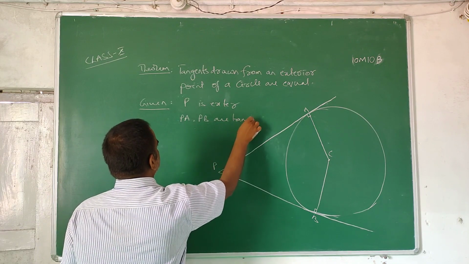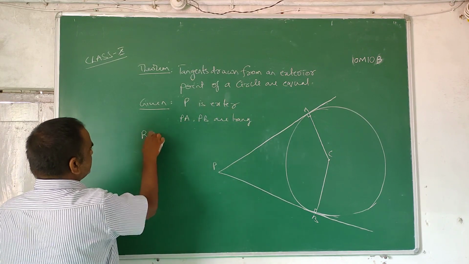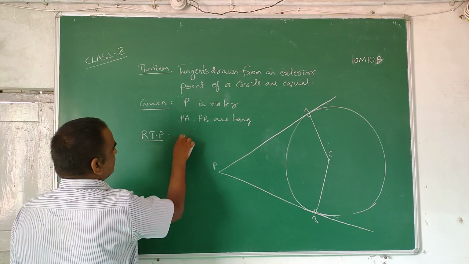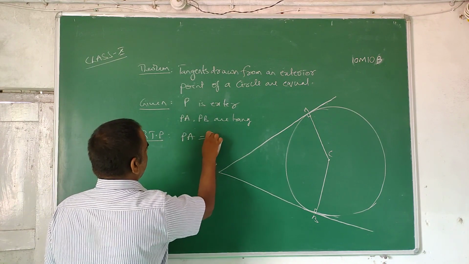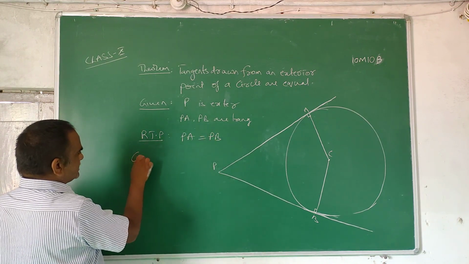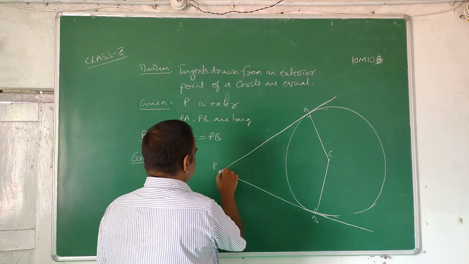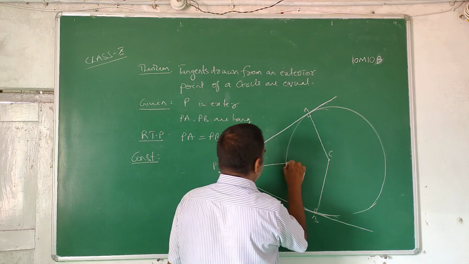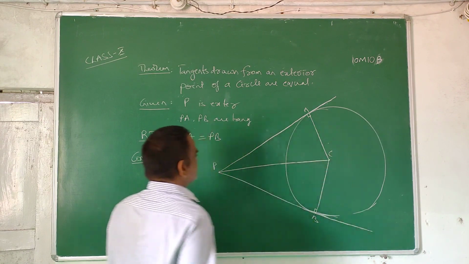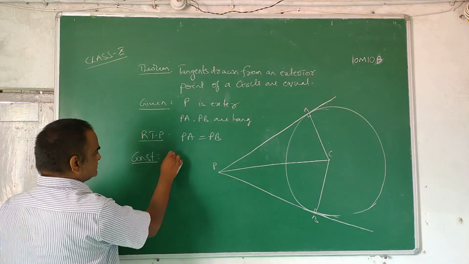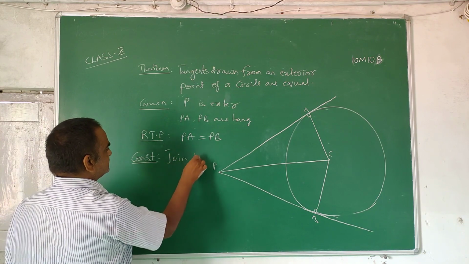This is given. What is required to prove? The tangents are equal in length. PA is equal to PB. So go for construction. In construction, what you do is draw a line joining P to C. So join P and C.